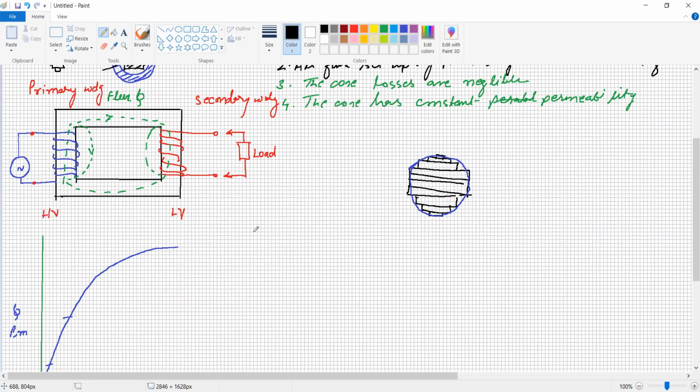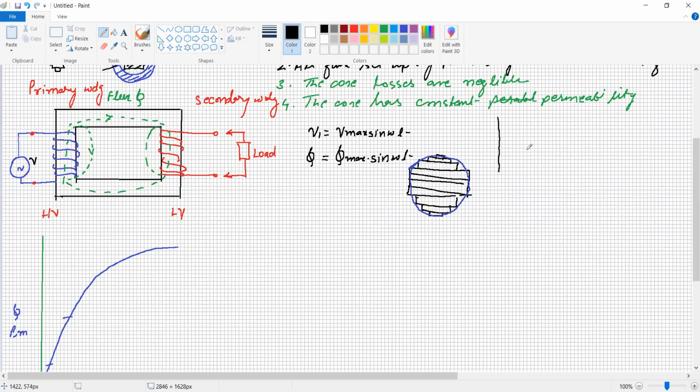Now let us say we have applied the voltage V1. The voltage V1 is applied to the primary winding, and it is equal to V maximum into sine omega t, and therefore the flux set up, the flux phi, is also of the same shape and characteristic, phi maximum into sine omega t.